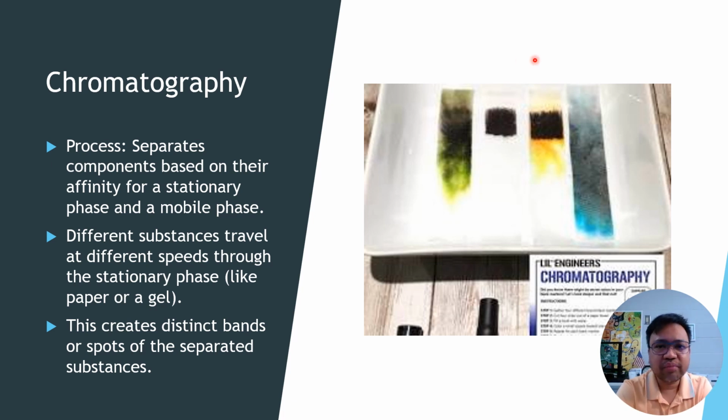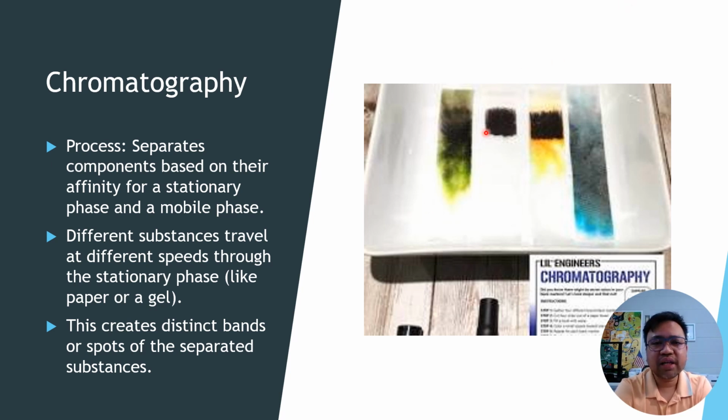We start with a mixture applied to the stationary phase, which could be a paper, gel, or another suitable material. The mobile phase, which could be a liquid solvent or a gas, then flows through the stationary phase. The components of the mixture interact with these two phases to varying degrees.